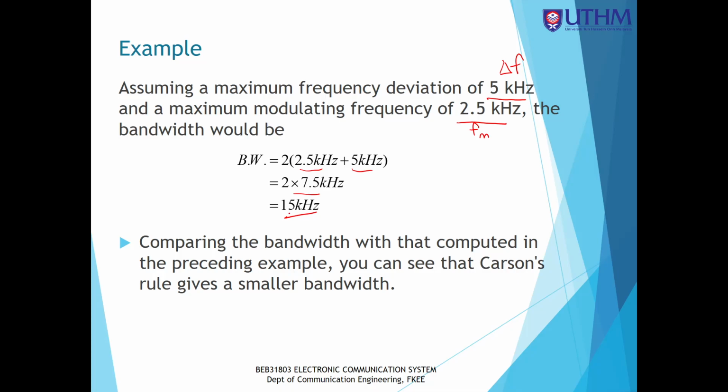So 15 kilohertz. Let's compare with the Bessel. If we want to compare with the Bessel, that means we need to find the beta parameter. So beta F is equal to delta F over Fm, which is 5k divided by 2.5k.